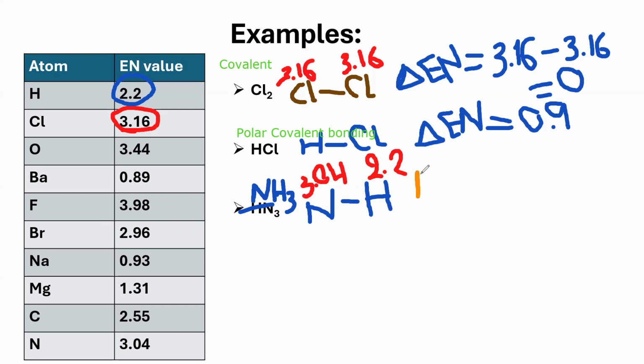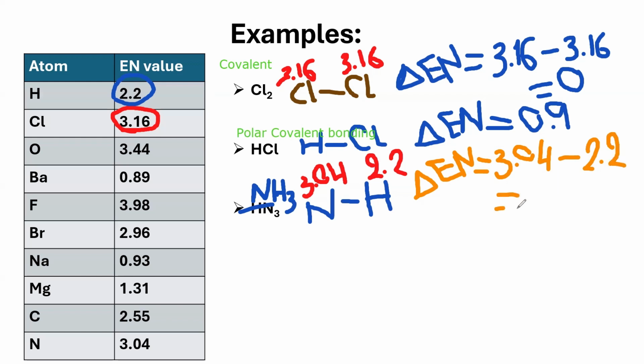Then the electronegativity difference will be 3.04 minus 2.2.